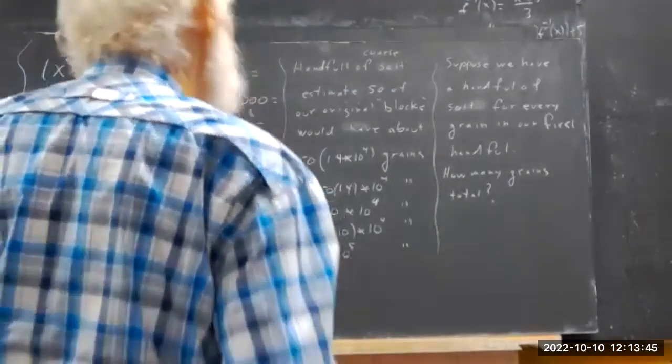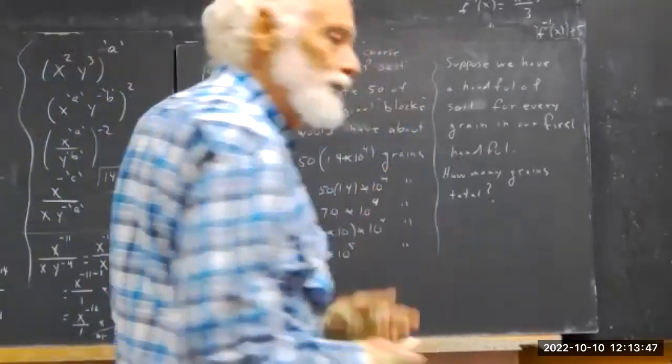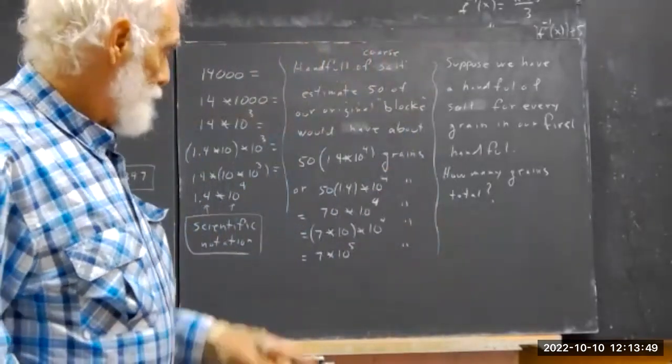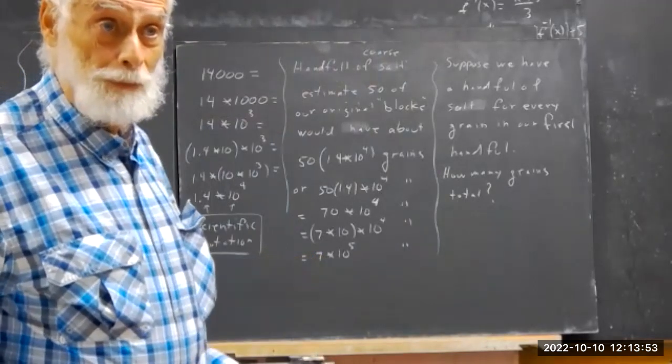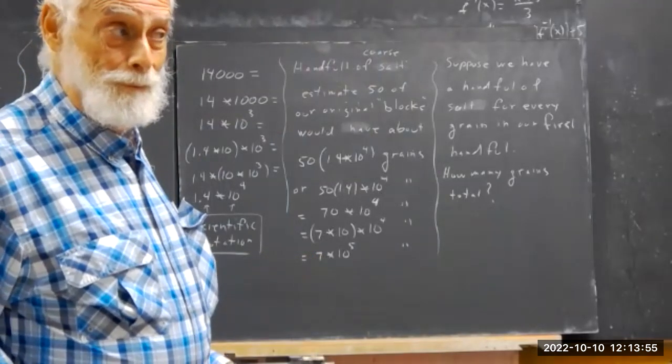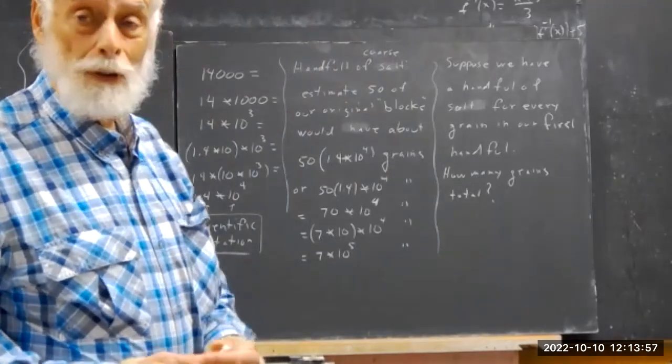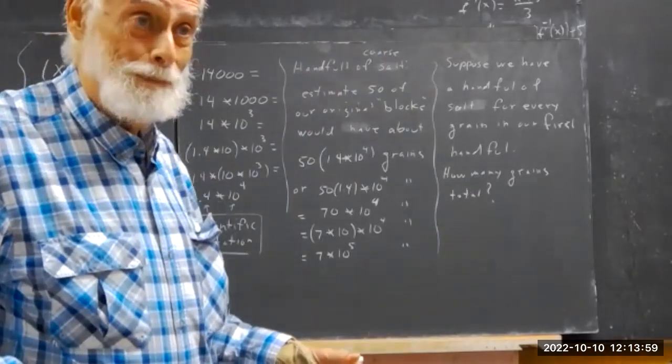Okay, so then we have a little discussion, and it comes down to we have 700,000 grains, or 7 times 10 to the 5th grains in one handful. And we're going to do 700,000 handfuls.